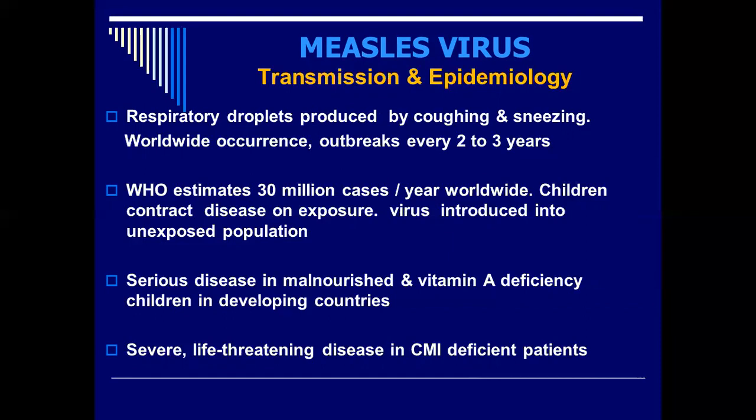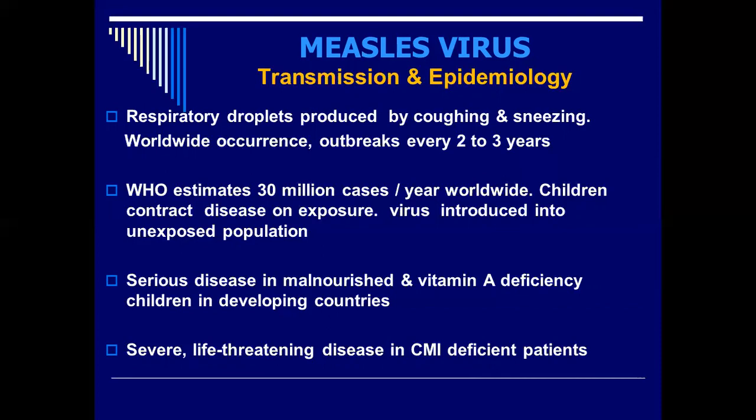Serious disease of measles has been reported in individuals who are malnourished, who are deficient in various vitamins, particularly vitamin A deficiency. And these people mostly belong to developing countries which are not that rich in their resources. And the population of these countries has to compromise on their nutritional and vitamin requirements for their good health and immunity.